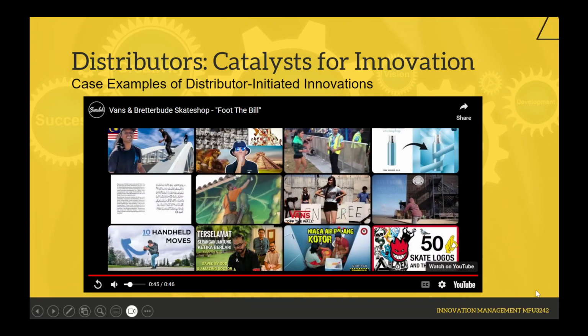So these are innovative ideas in the supply chain created by Vans. This is one of the successes where they contribute a lot of market share and a lot of sales from this type of business.